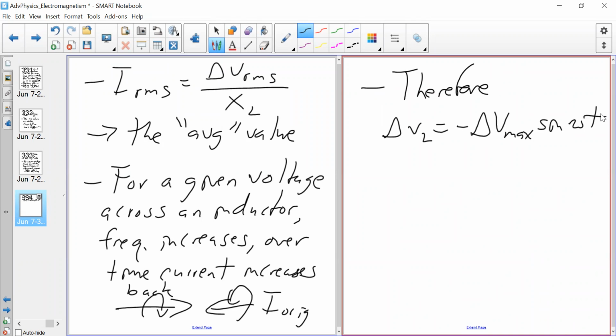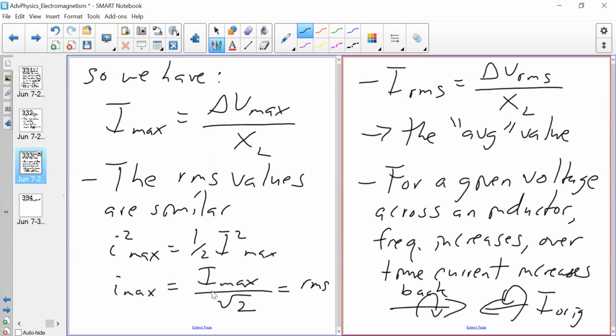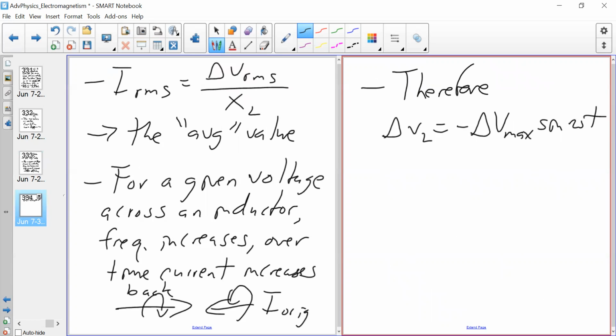And we know that V max, we can get the maximum voltage from this, and it's going to be I max times the reactance of the inductor. And so that would be the voltage across the inductor in an AC circuit.